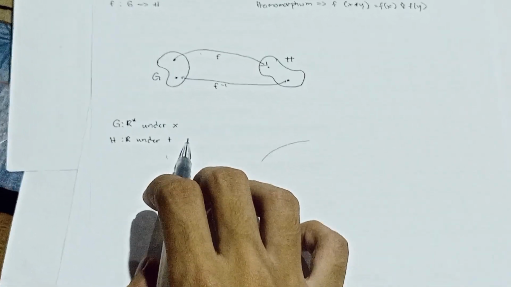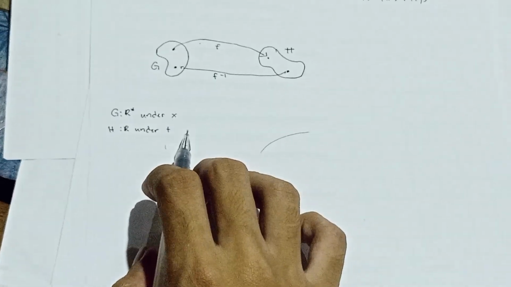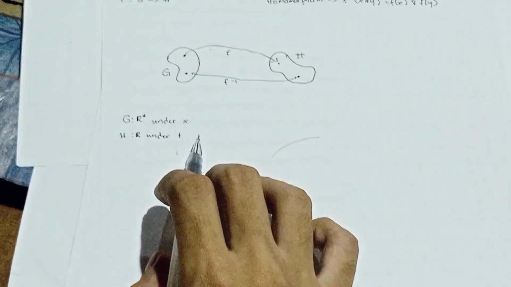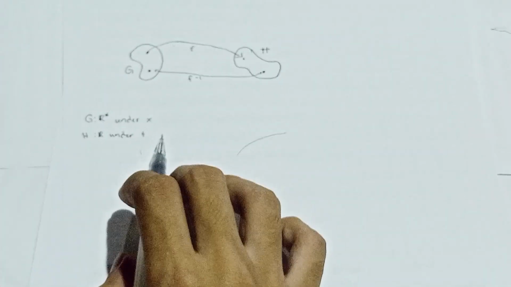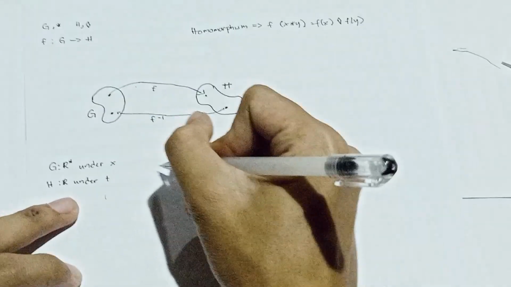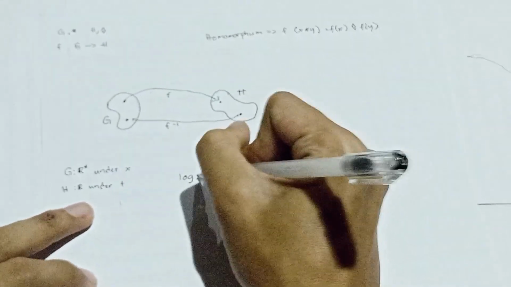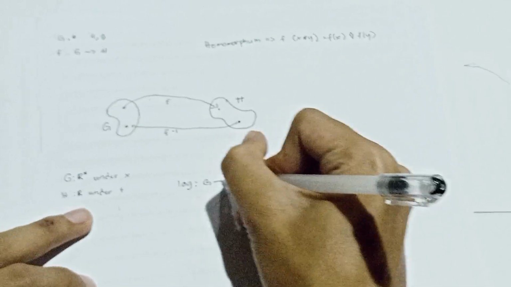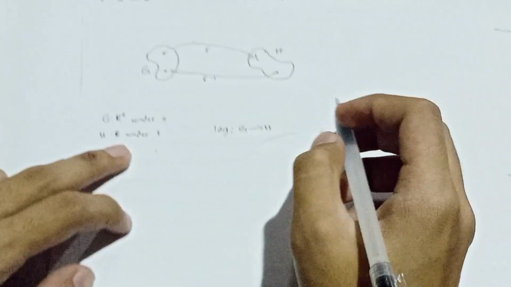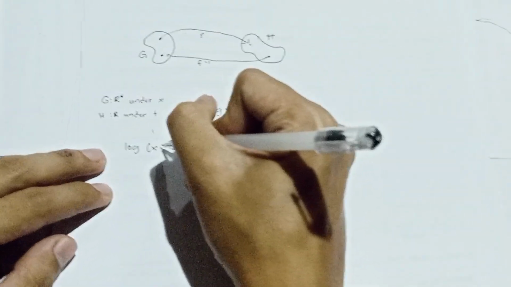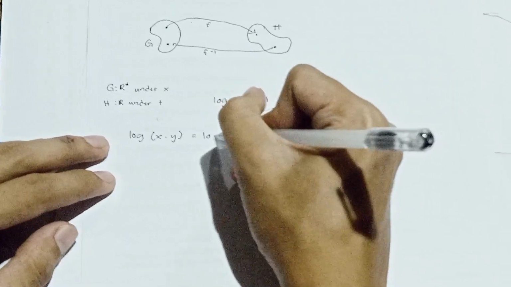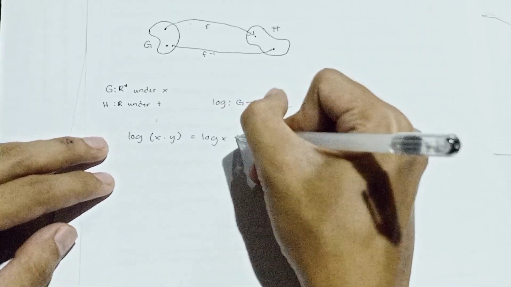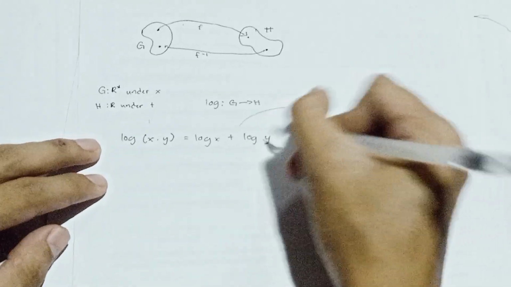We can check that this is a homomorphism by using the laws of logarithms: log of x times y is equal to log x plus log y.